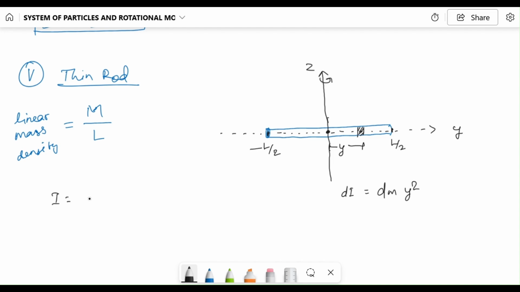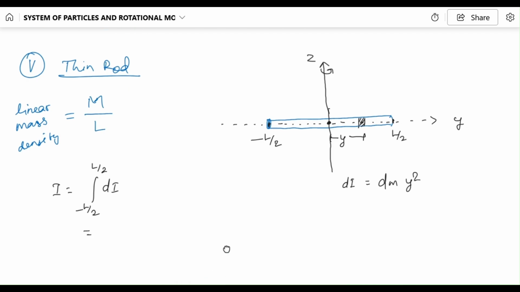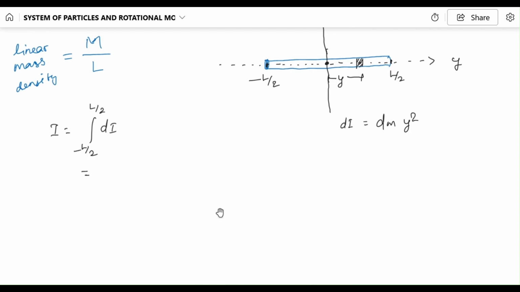I equals to integration of dI from the limit here starts with minus L by 2 to L by 2. And then we can write, let me bring it a little bit upward here. Integration minus L by 2 to L by 2, and dm will be how much?